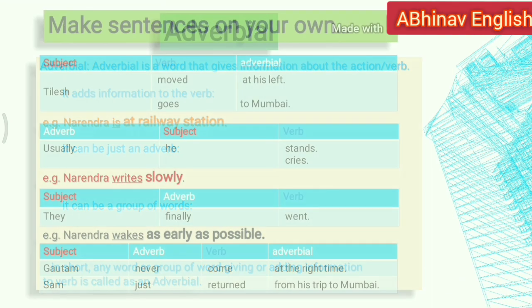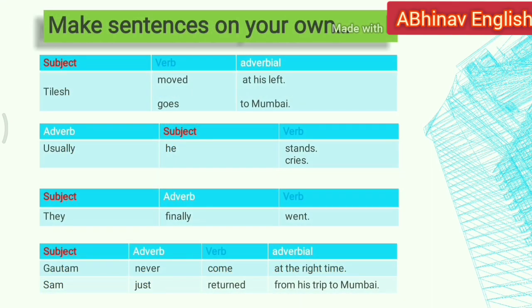Make sentences on your own. Many simple sentences can be made through these four tables. Tilesh moved to Mumbai. Tilesh goes to Mumbai. Tilesh goes at his left.